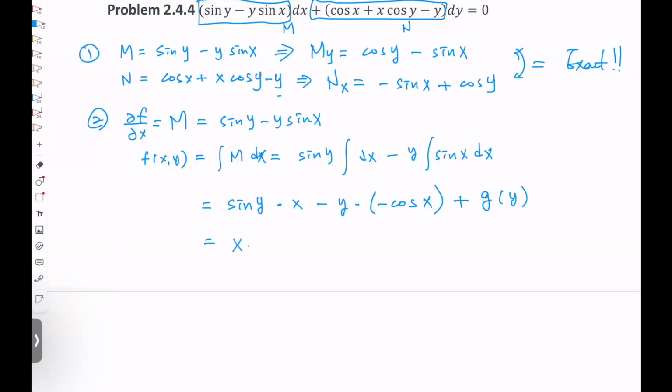So that is x sine y plus y cosine x plus g of y. It's going to be our answer.